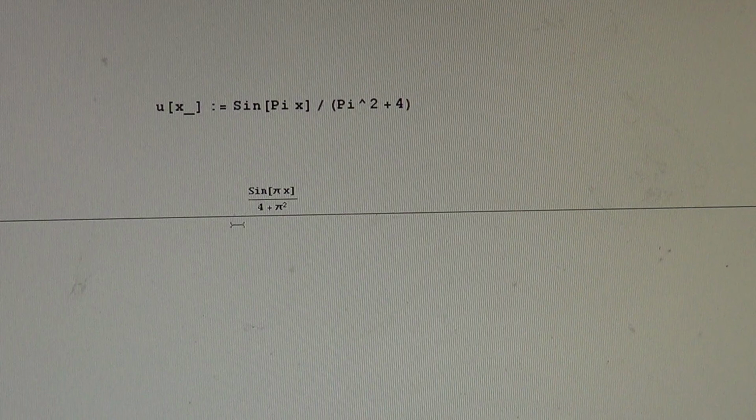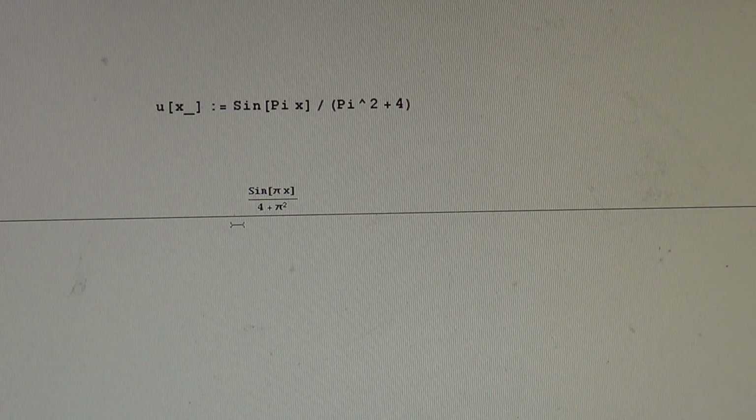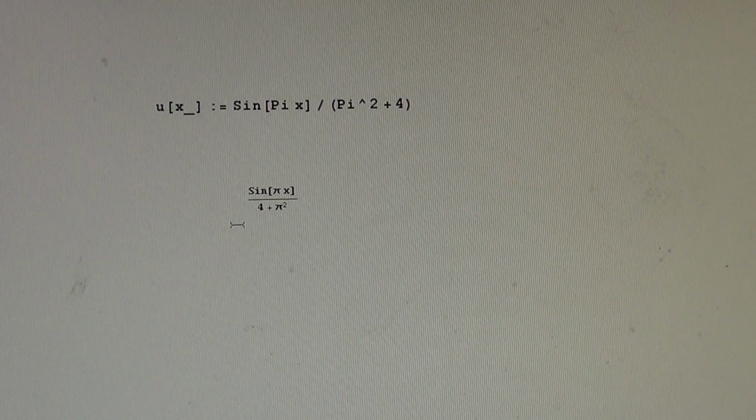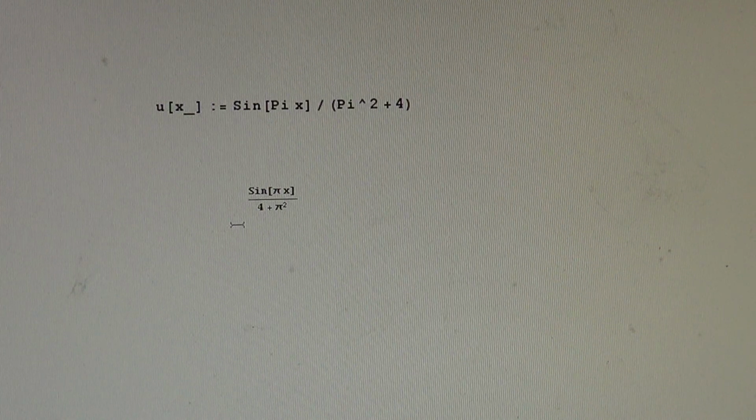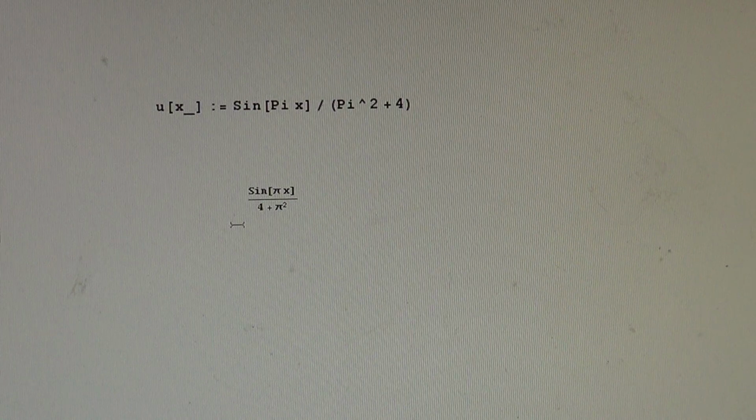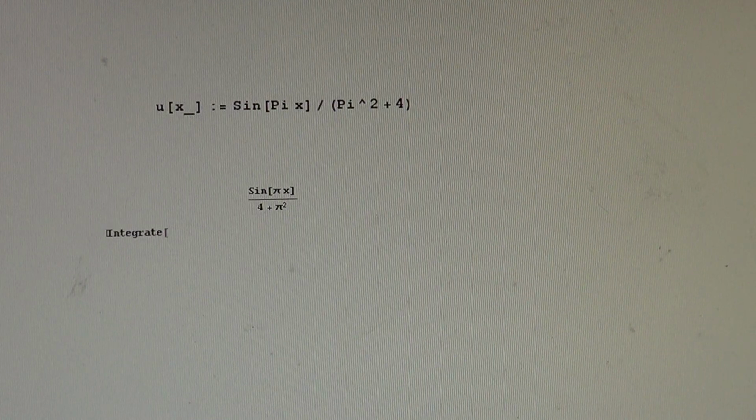Now, to get the value of the functional, we write the command of integration, Integrate. What to integrate? Let us move it to the right.